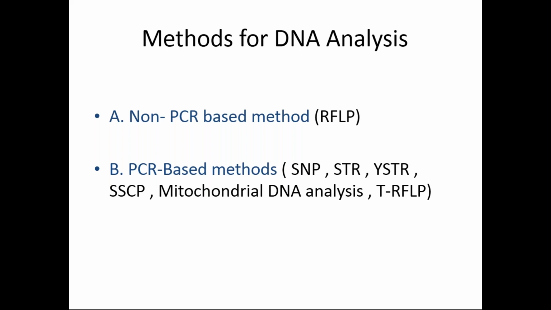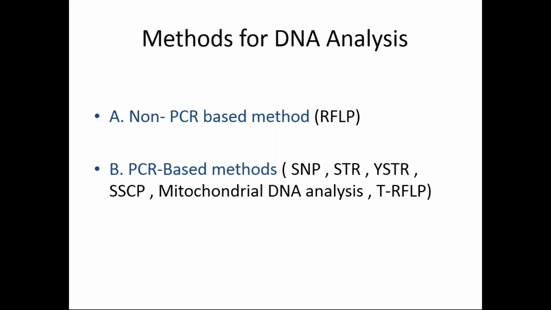So this RFLP is the first technique utilized by Alec Jeffreys in the mid-1980s to develop the first DNA fingerprint. At that time, the PCR machine was not yet invented.